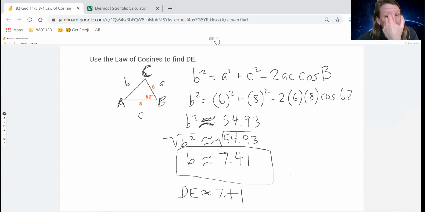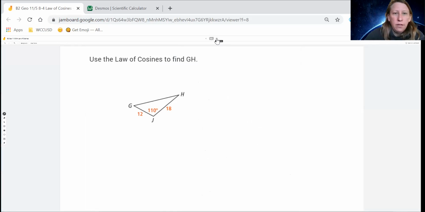Okay, last one. Let's call it C again. And we'll call this A. We'll call this B. Okay, and I'm trying to find that missing side length, which was GH, and now it's AB.